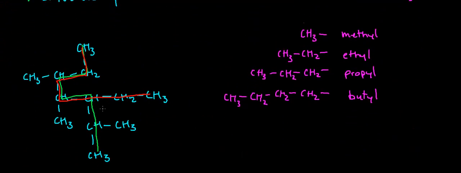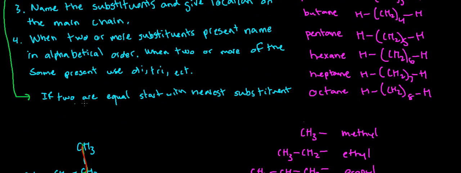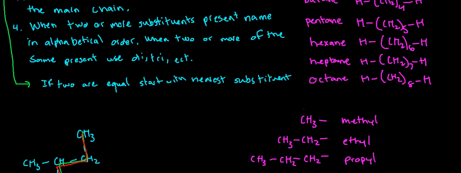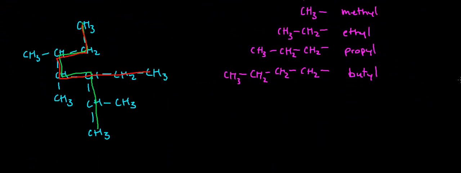But when there's a tie like this, both of them have 7. If 2 are of equal length, start with the nearest substituent, which is the same thing as a branch. I just put that on there to clear up any confusion, because once we learn how to do these, it's very, very easy. So if there's a tie, we have to use the one that has the nearest branch.